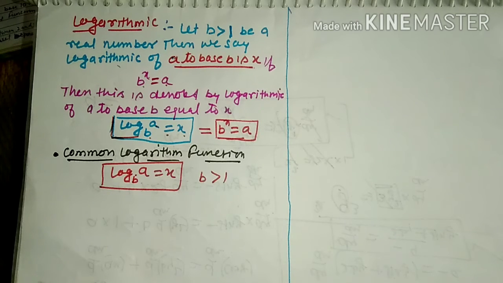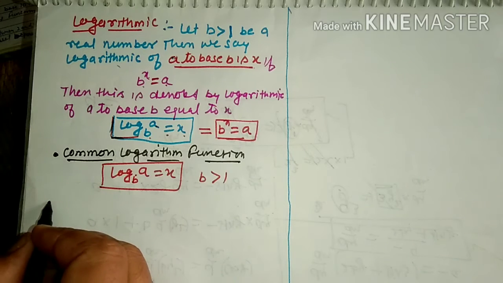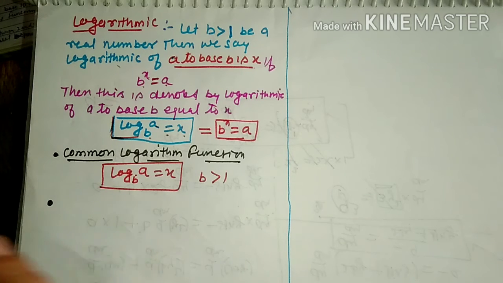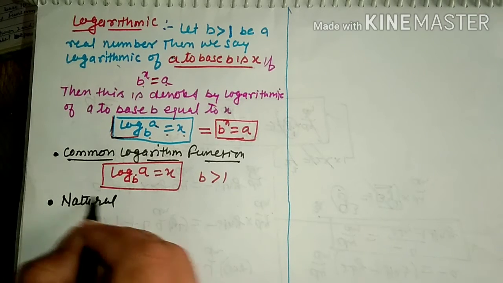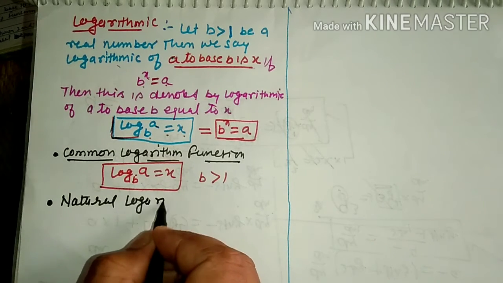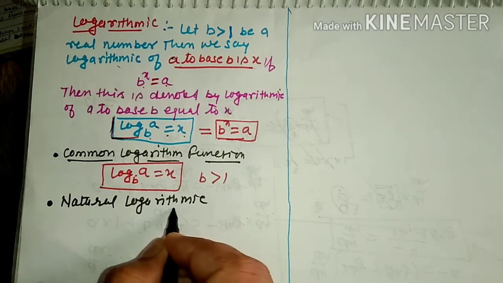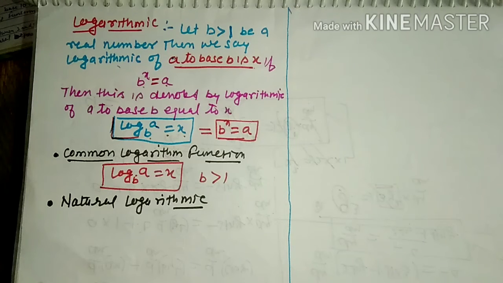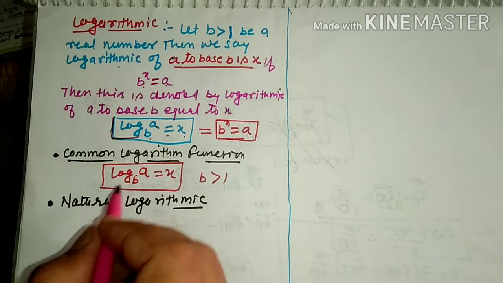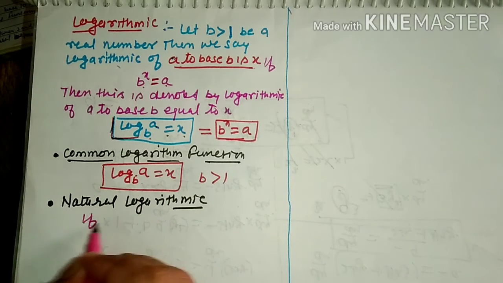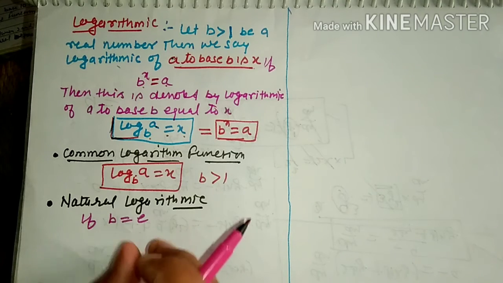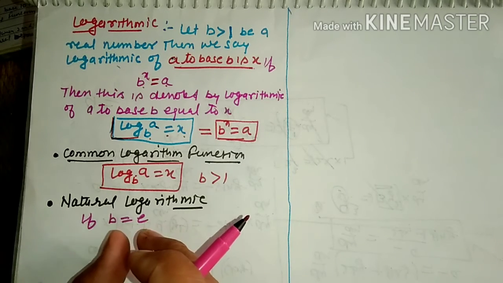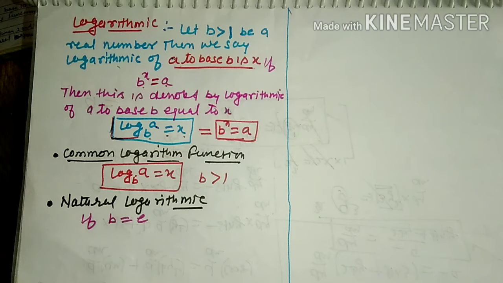But in the second case, this is common logarithmic. Second is natural logarithm. Natural log. So in the same one, if b is replaced by the special symbol e, and we know that the value of e remains constant between 2 and 3.